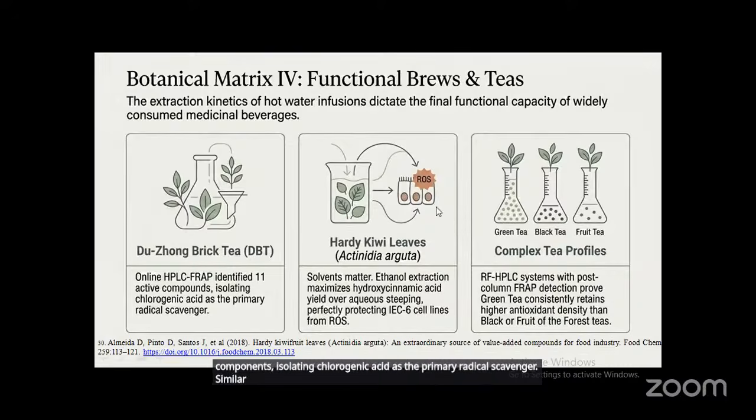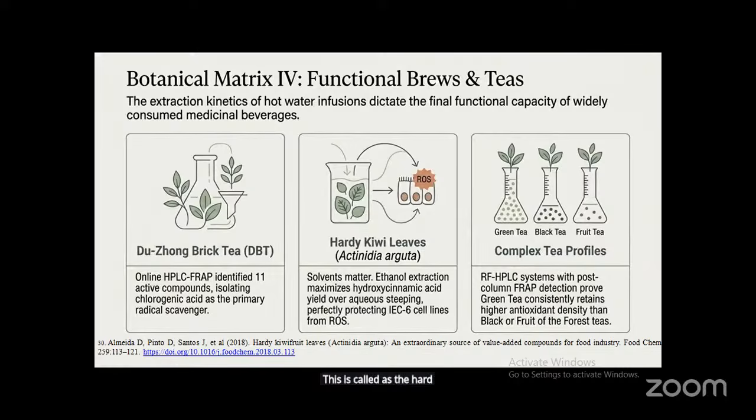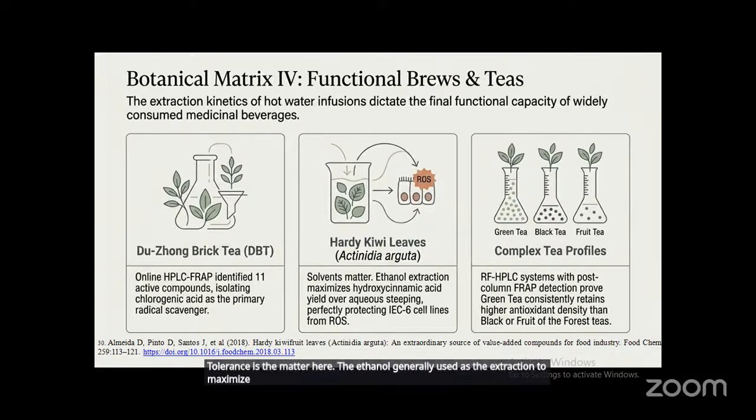Similarly, Actinidia arguta, called hardy kiwi leaves. Solvent is the matter here. Ethanol is generally used as the extraction solvent to maximize hydroxycinnamic acid yield over aqueous steeping, perfectly protecting IEC-6 cell lines from reactive oxygen species.